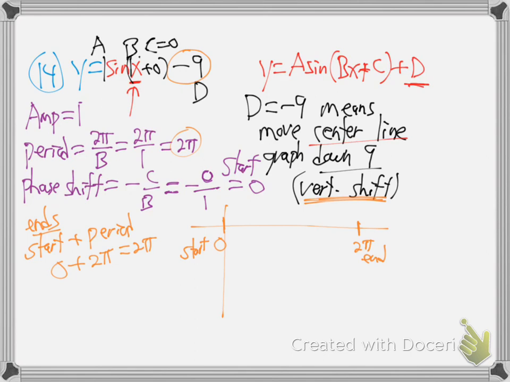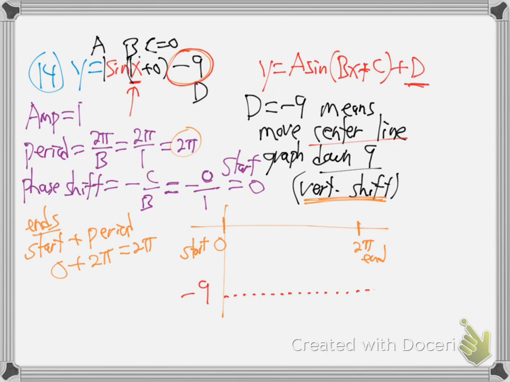Move that to negative 9. So here's the best way to do that. Just put a dotted line down at negative 9. That's the new middle. That's like the new x-axis, so to speak. Maybe that's a better way to say it. That's the new axis. Down 9, because that's what that minus 9 does. It's like moving the whole axis down 9.